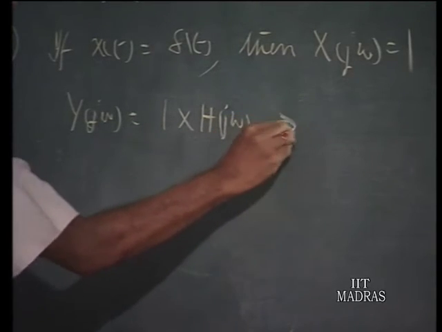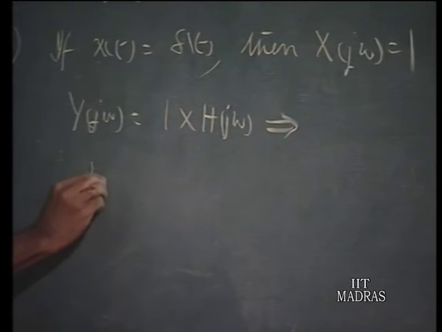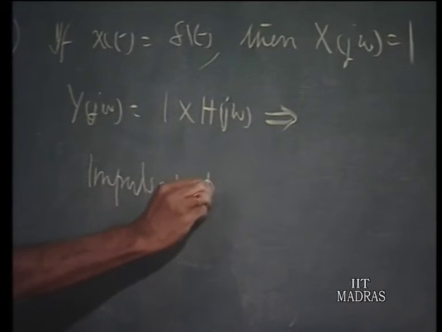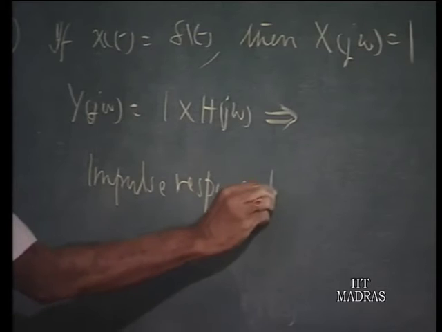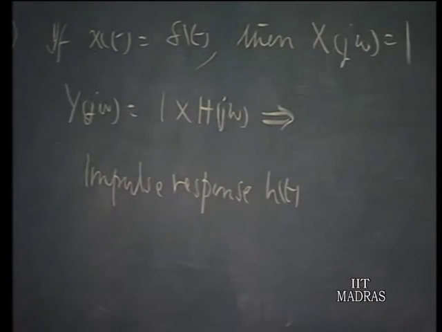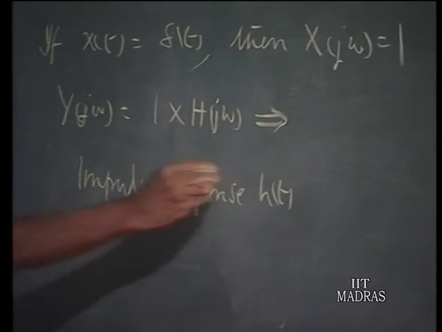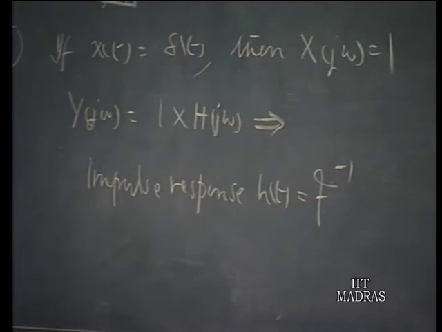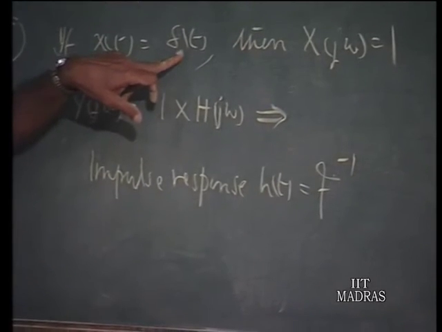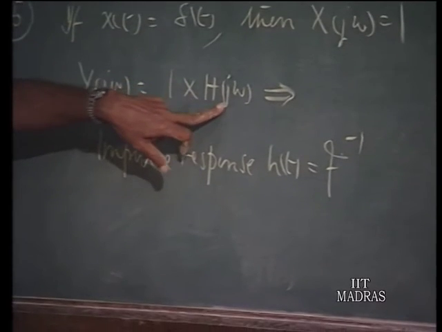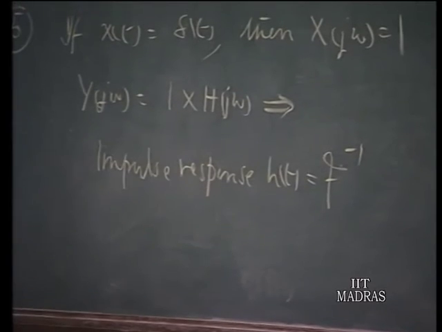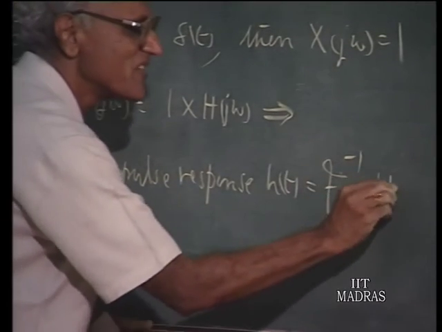That means, the impulse response, if I call impulse response h of t, that is the inverse Fourier transform, because under an impulse excitation the output has a Fourier transform h of j omega. Therefore, the time function corresponding to this will be the inverse Fourier transform of h of j omega.